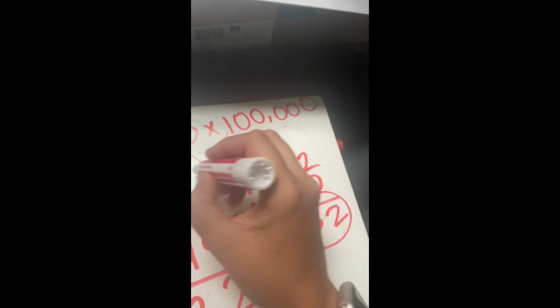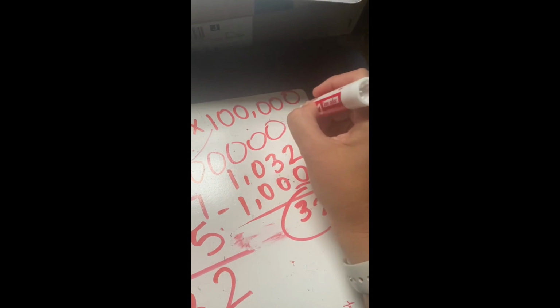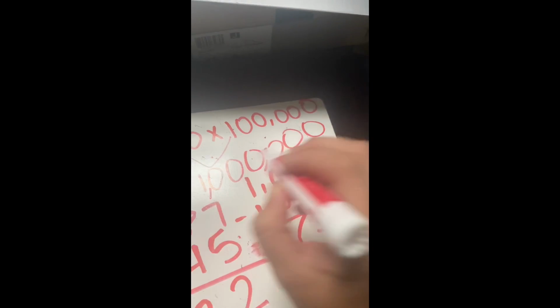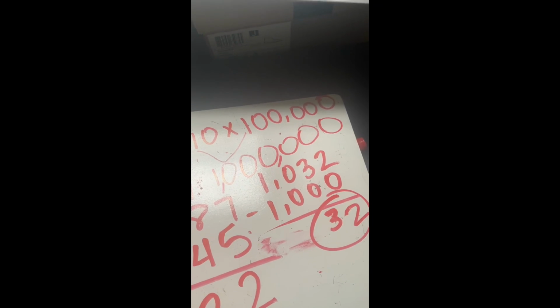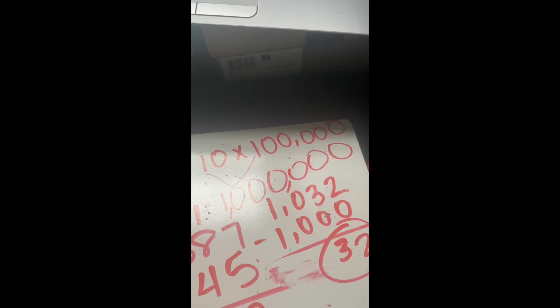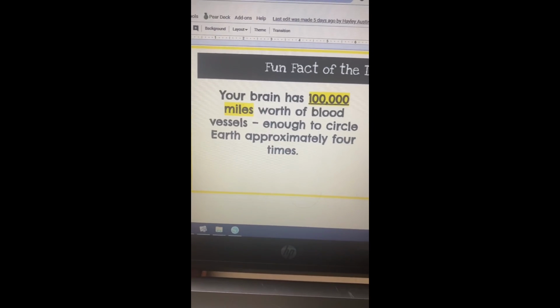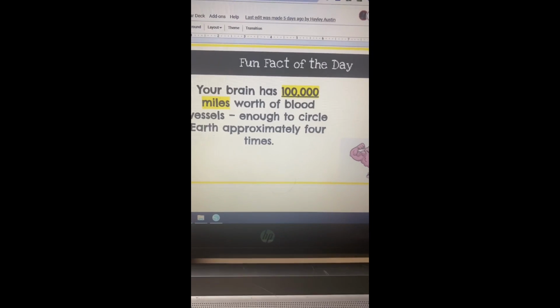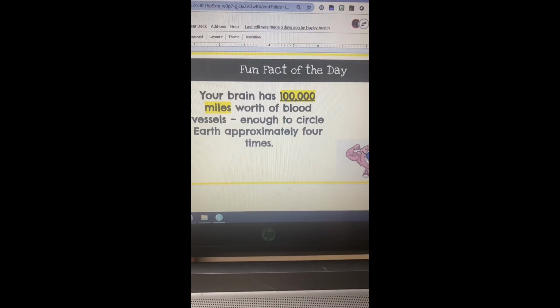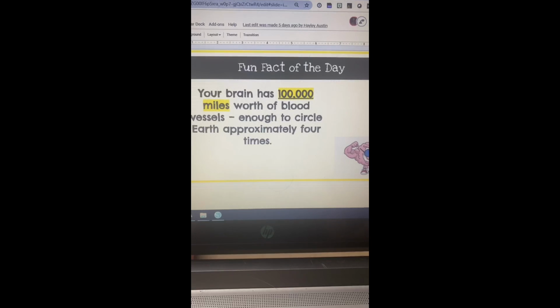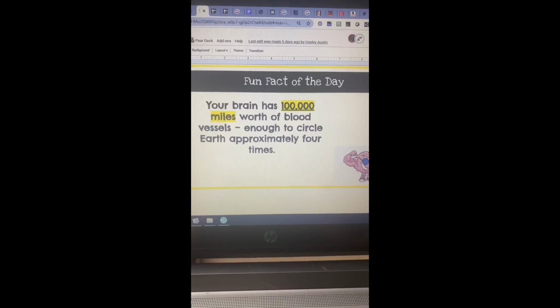So that would mean you would have to go around the bus slot 1 million times to have that many miles worth of blood vessels. And that is how many blood vessels are in your brain. That's crazy.